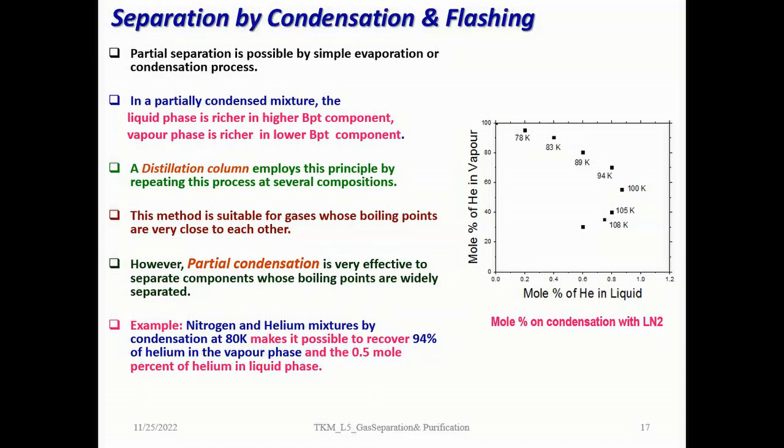So you can just see this diagram, the mole percentage by condensation with liquid nitrogen of the gas mixture. How much is in vapor, how much is in liquid. So you are trying to condense it in liquid nitrogen. Let us say at a temperature of 78 K, the mole percentage of helium in the liquid phase is only about 0.2%.